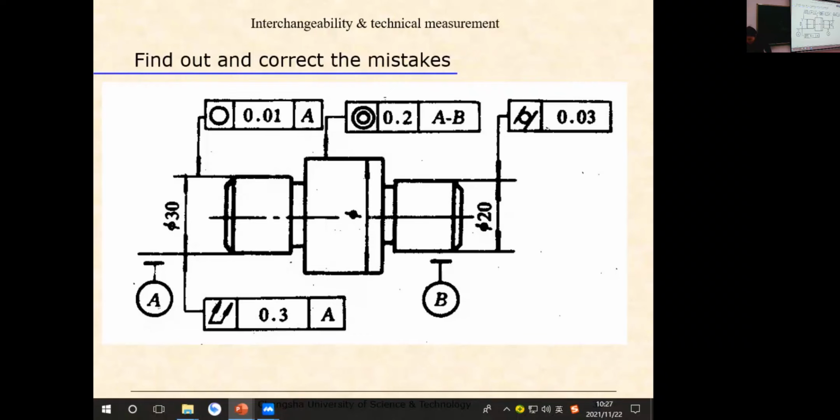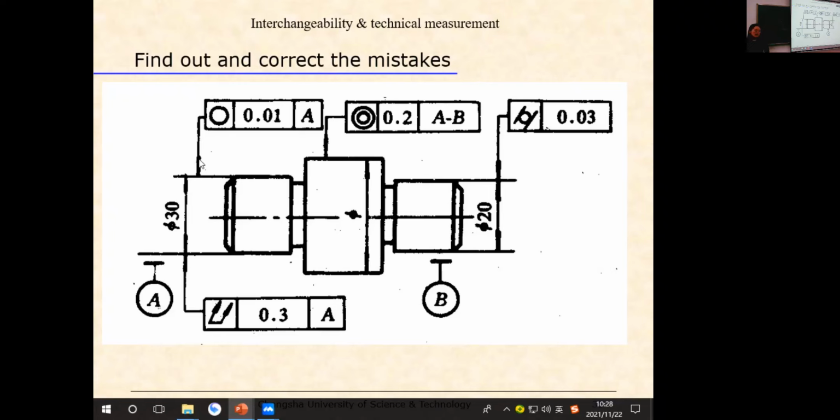Have you seen that? The straight line, the flatness, the circularity, cylindricity, profile of any line or profile of any surface. Like this, 1, 2, 3, 4, 5, 6. These 6 have no datum, because they are form tolerances. It means the line is strictly itself or not, right? No datum feature means there's no A, so you need to remove the A. Understand?